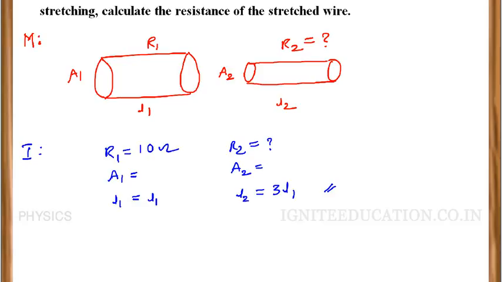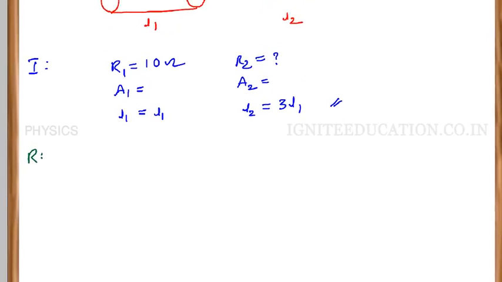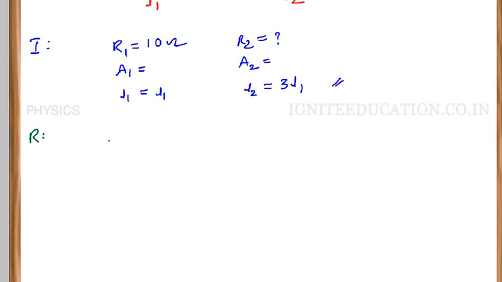Now I am going to resolve the problem. First of all, I am finding the volume of the first conductor. Volume of the first conductor V1 is equal to area of cross section into length of the conductor, as well as for the second one, volume V2 is equal to area of the second conductor into length of that conductor.